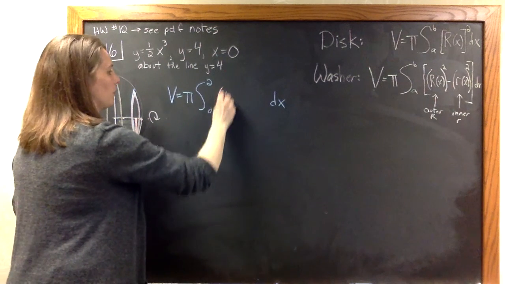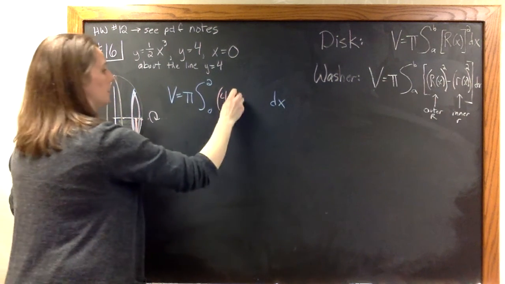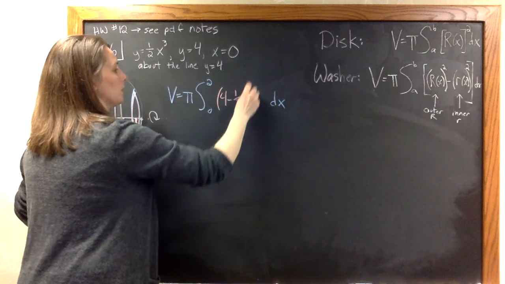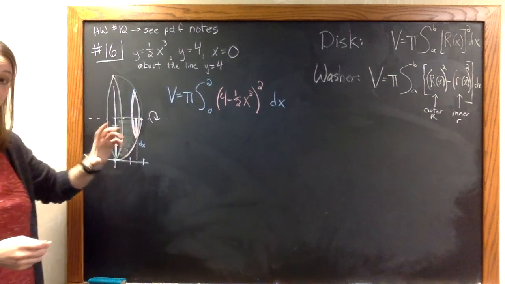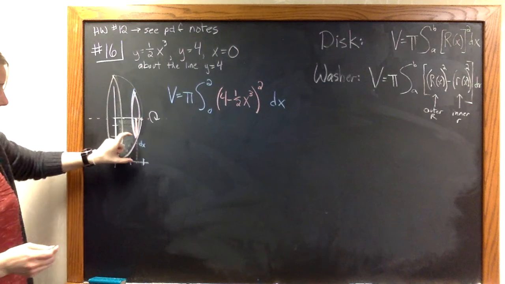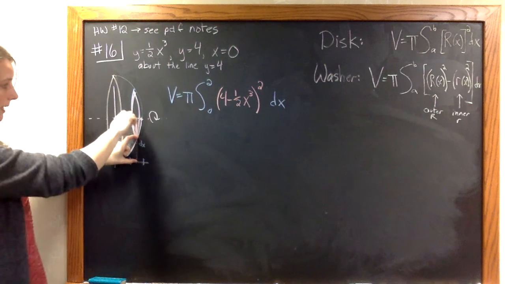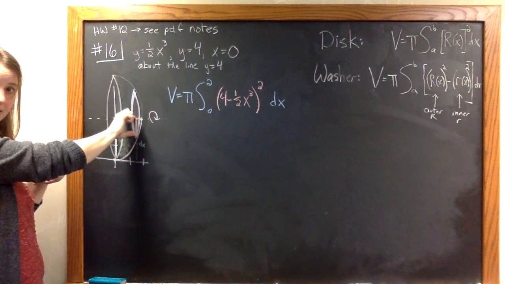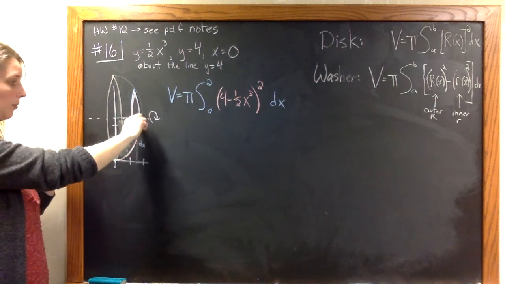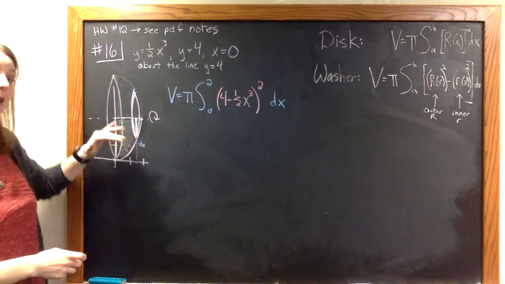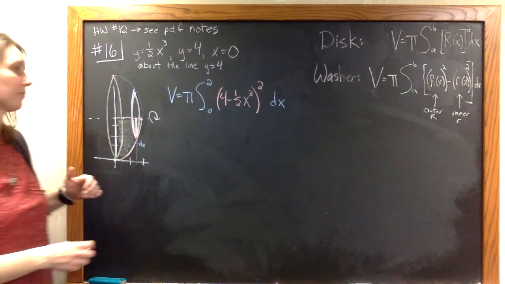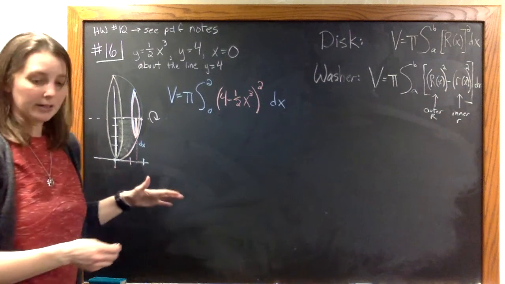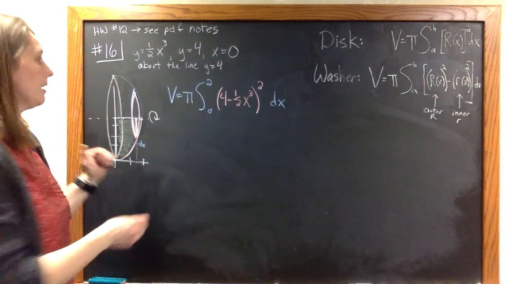So it's going to be 4 minus 1 half x cubed. Okay, that's our radius. And again, that's because this function gives us this. We need this piece for our radius. Okay, so we have to do line 4 minus that. And that's because we're rotating here and not down around this axis. Okay. All right, so now I think we are all set up here.